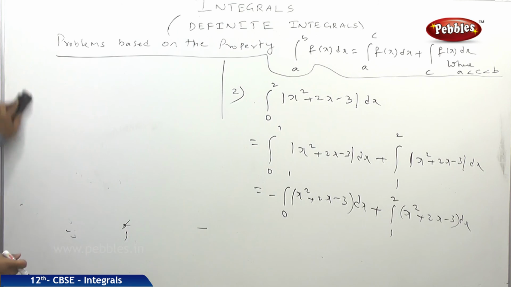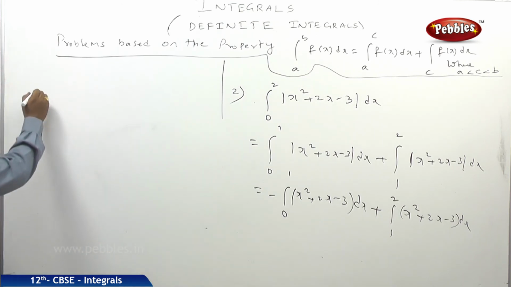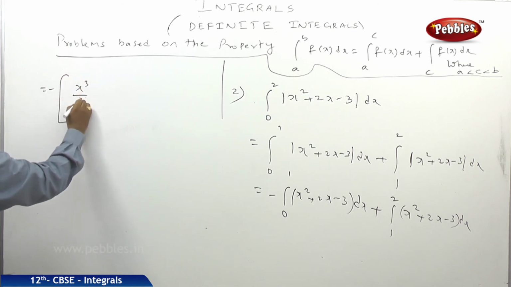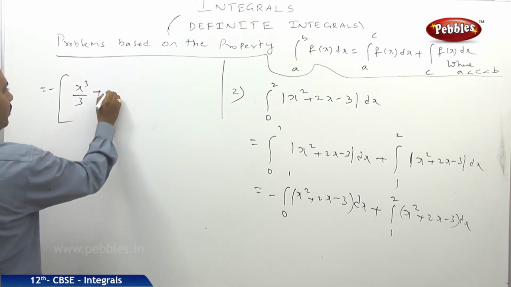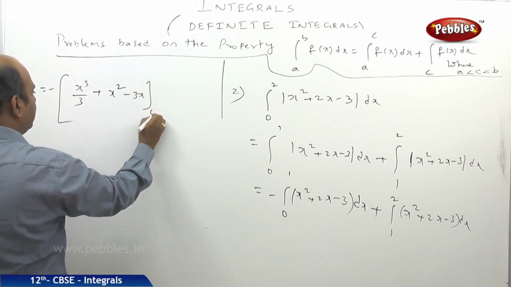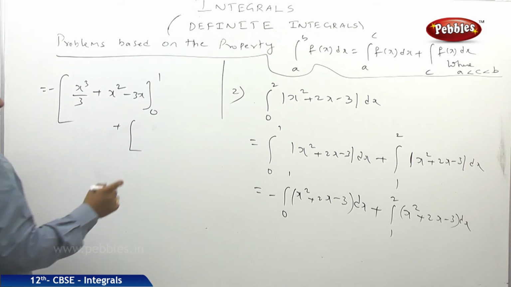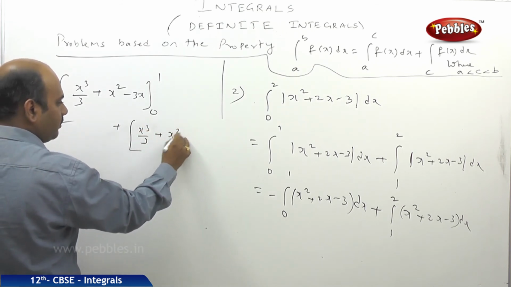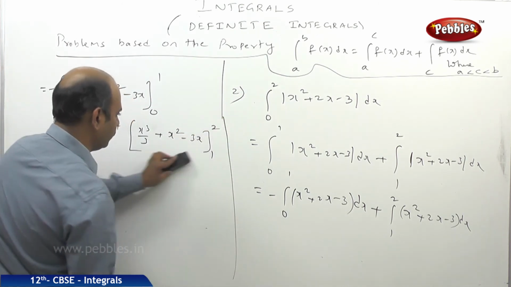As a minus is there outside, that is equal to minus of the integral: x square means x cube by 3, integral of 2x means 2 into x square by 2, so here remains x square, and minus 3x, from the limits 0 to 1, plus there also x cube by 3 plus x square minus 3x from the limits 1 to 2.